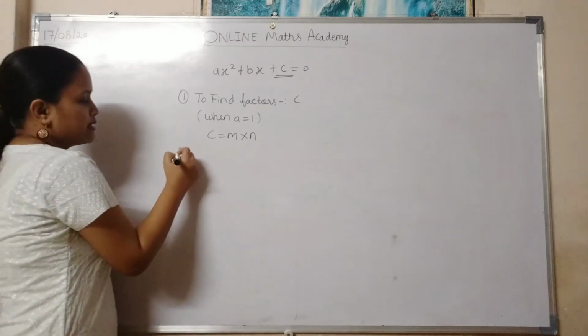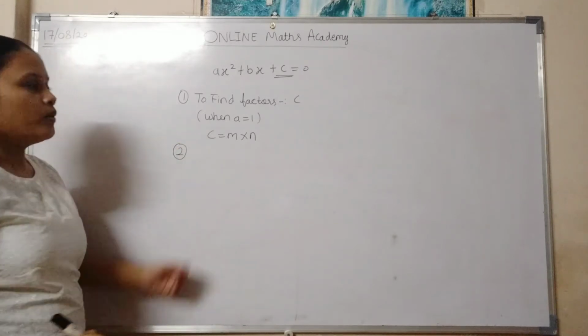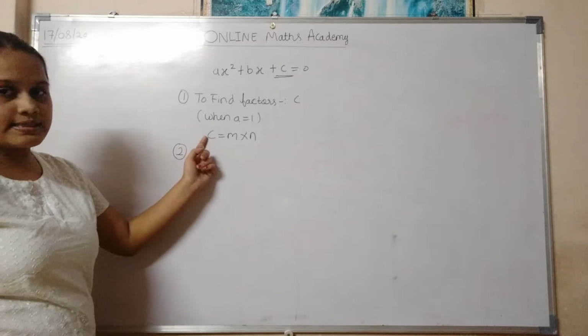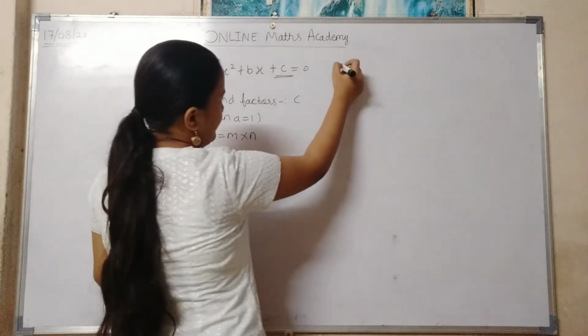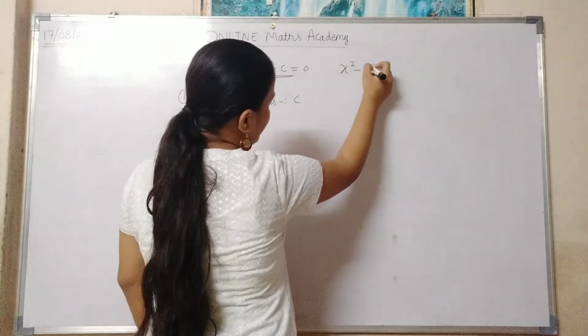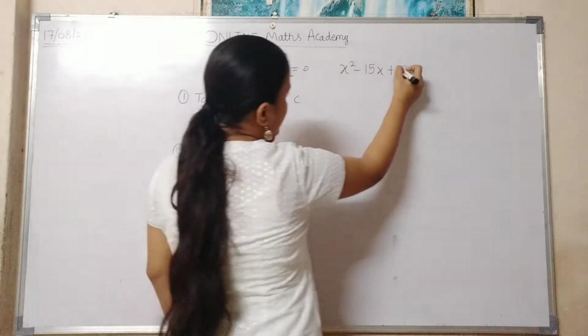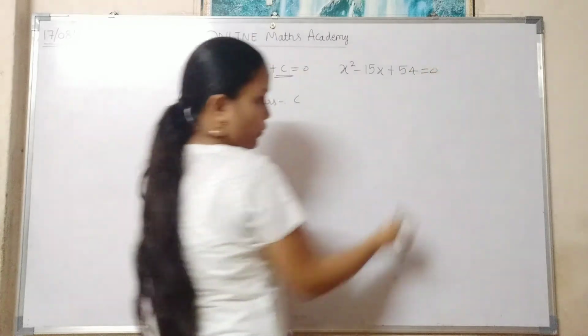Okay. Step 2. Now there is a possibility that c has more than 2 factors. For example, if I take x² − 15x + 54 = 0.